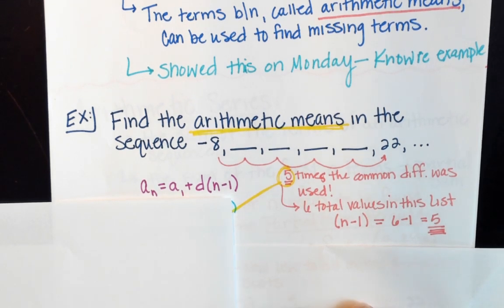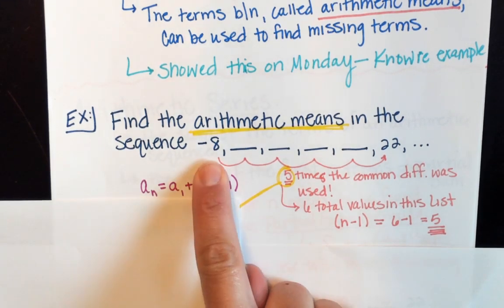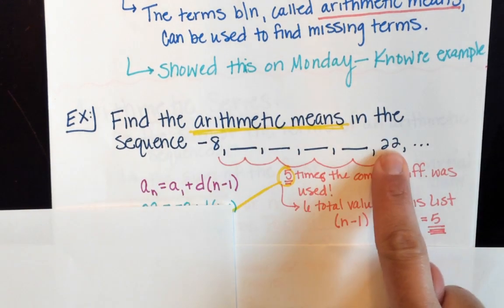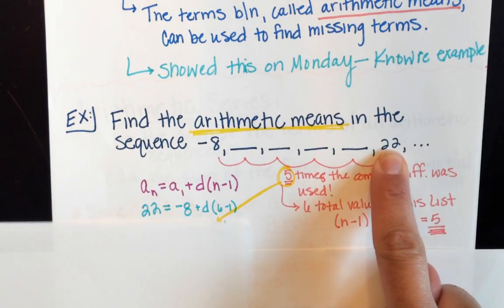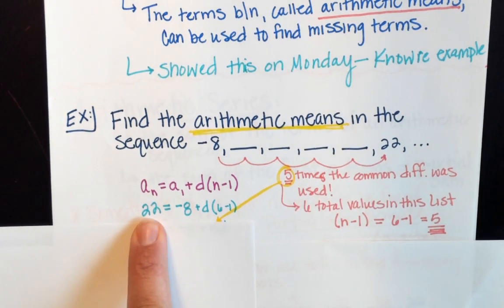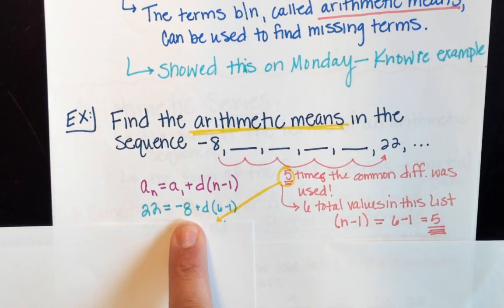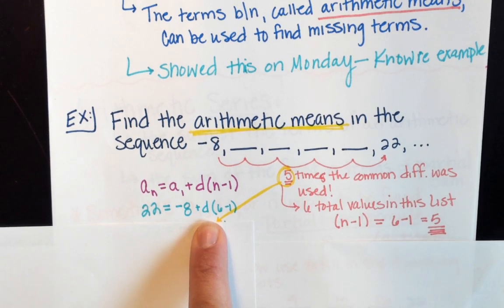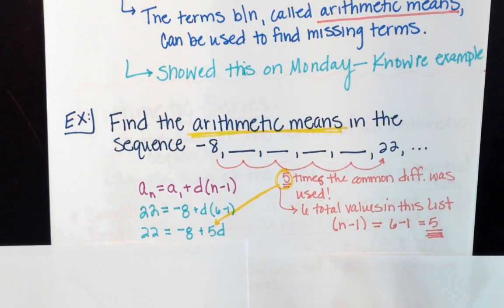So when we plug it into our formula, we have our first term, we have our nth term, so 22 equals -8 plus, we don't know what that common difference is, times 5. And that's where we have it.